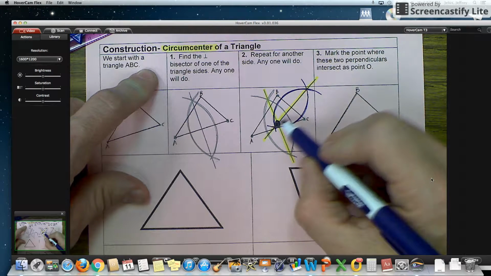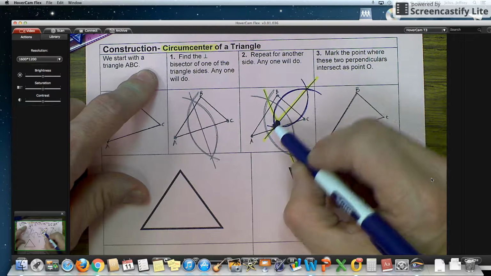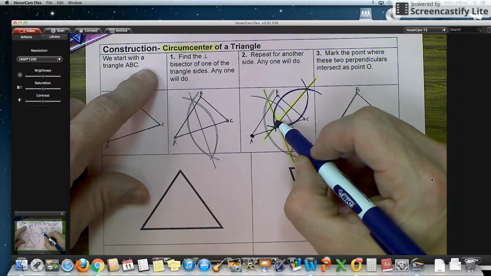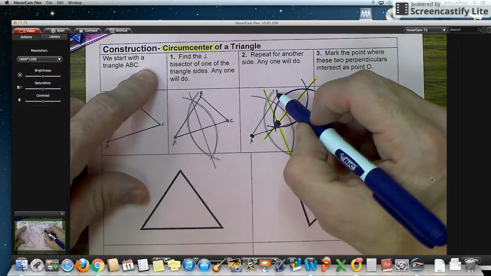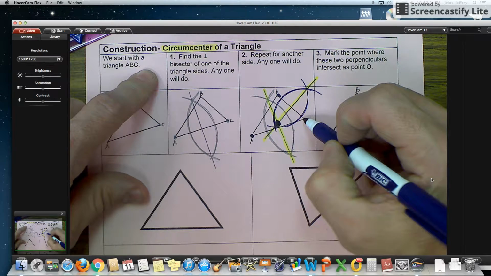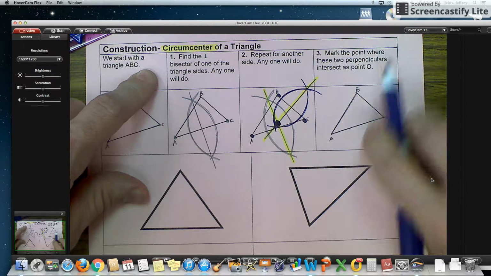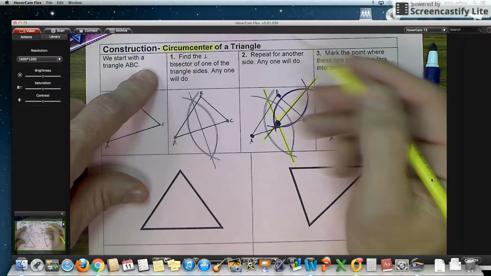And this is the best point for all three locations. A is the same distance away from the circumcenter as B is, the same distance as C is. And the word that we're looking for there is they are equidistant.